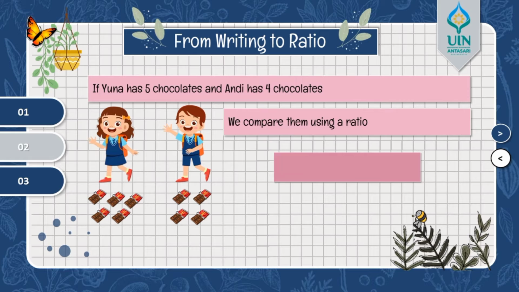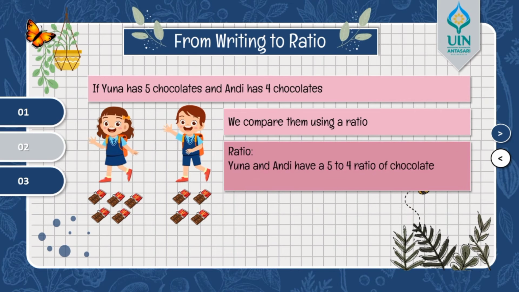And the ratio would be: Yuna and Andy have a 5 to 4 ratio of chocolate. So, 5 Yuna's chocolates and 4 Andy's chocolates. Again, remember we can write them in colon form or fraction form, but that's what a ratio is.